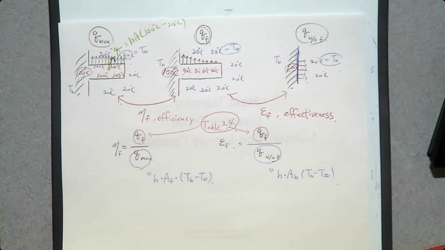So by determining the fin effectiveness, we can see whether it is worth it to install a fin or not. And by calculating the fin efficiency, you can say whether the fin is well designed or not. Okay.